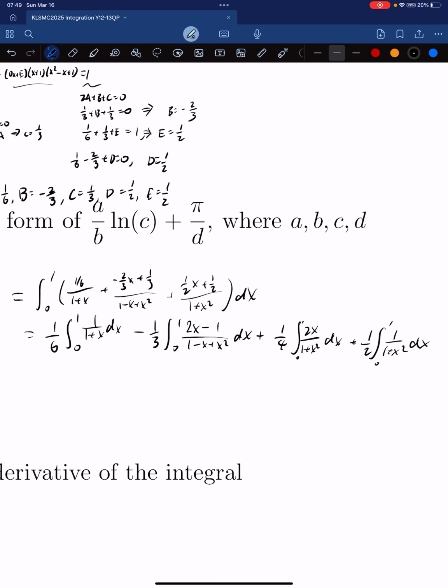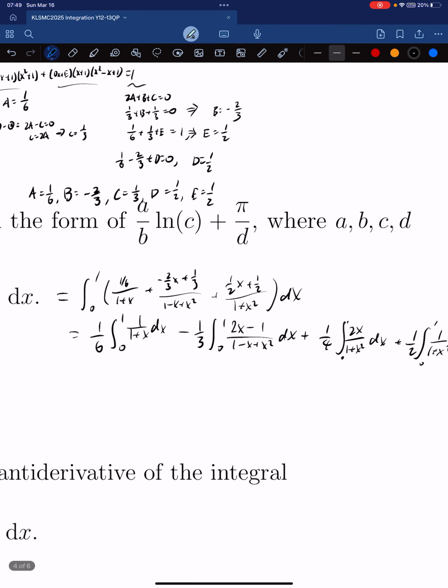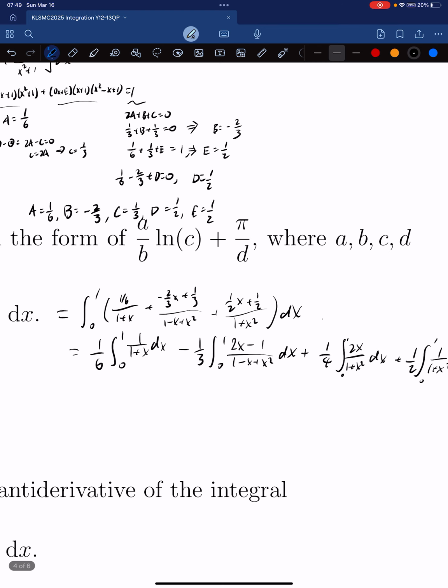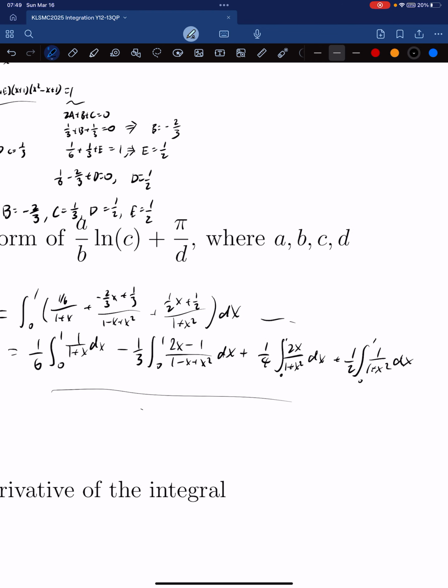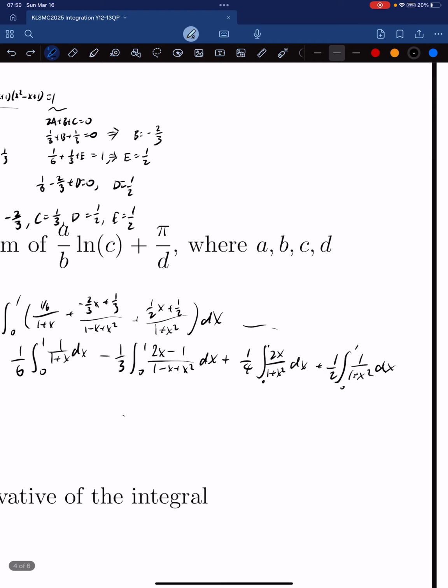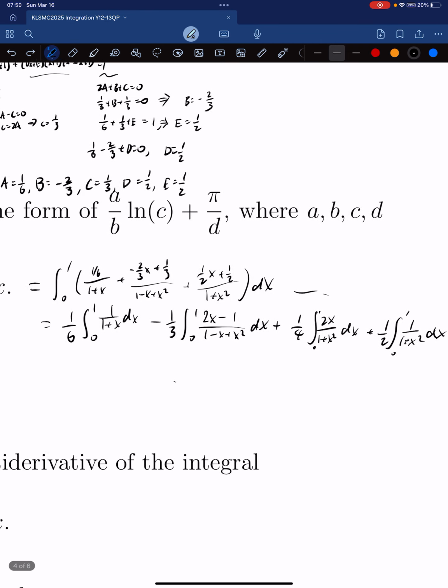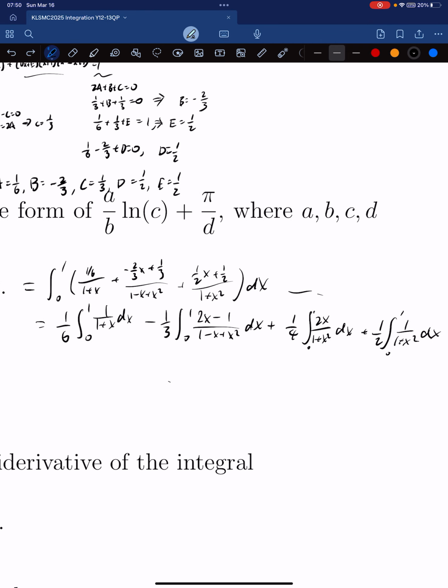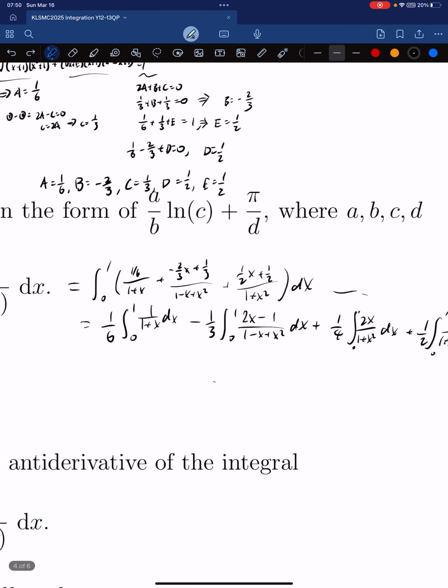Right. So basically, I write this integrand, I divide it into its components, so that each term is easier to integrate.